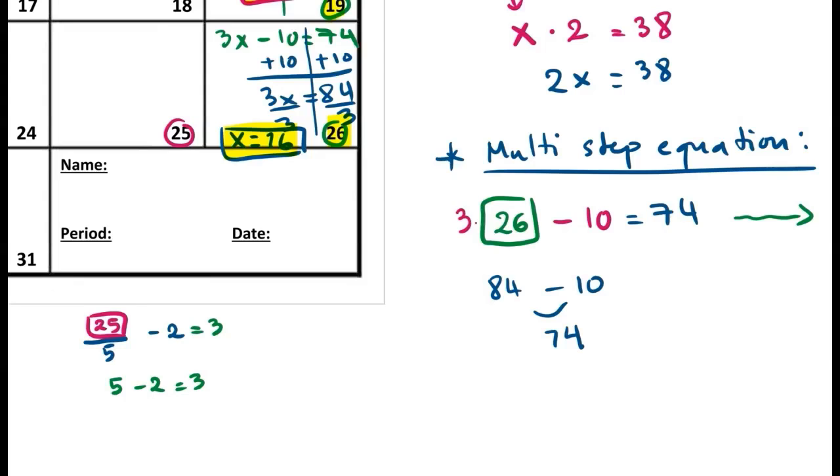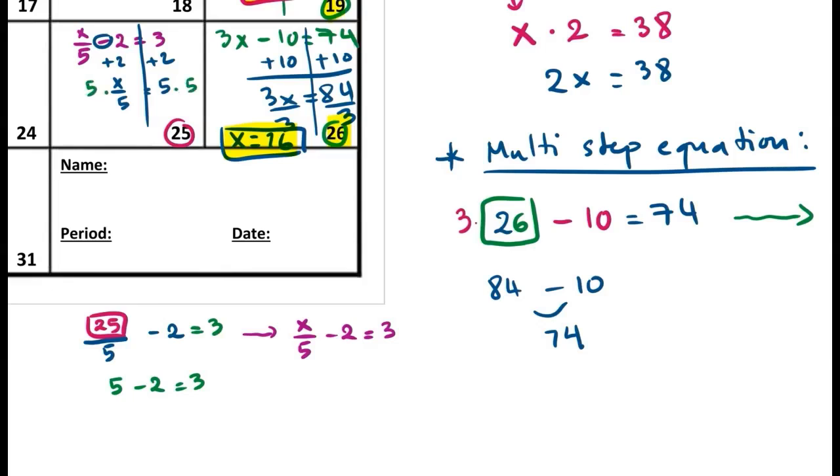We rewrite them. I'm so sorry, my allergy just kicked in, so my voice is changing now. So we replace the box by x over 5 minus 2 equal to 3. Alright, that will be the problem.